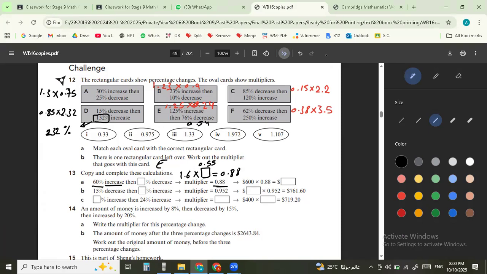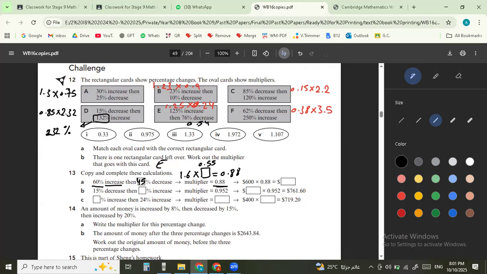It's not a 0.55 percent decrease. So what percent decrease gave me a multiplier of 0.55? It is a 45% decrease. This requires a lot of concentration. A 45% decrease means 100 minus 45, which is 55%, 0.55.